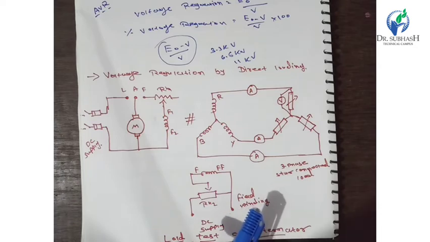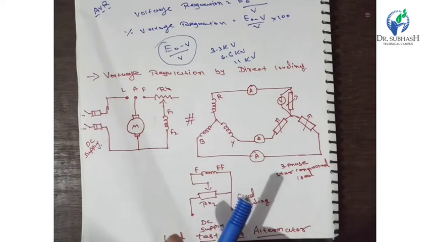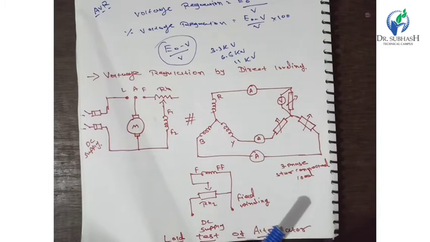So there are two aims in this method: first, to determine the efficiency and regulation, and second, to determine the effect of load power factor on the terminal voltage of an alternator.